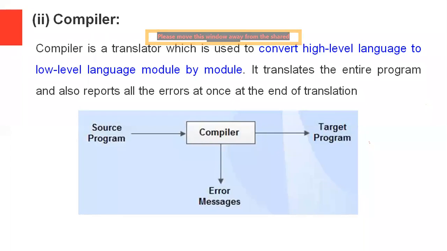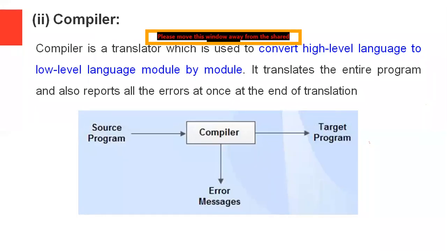So that is the addition of two numbers. While we are using compilation, when we click compilation, the entire program can be converted at one time.